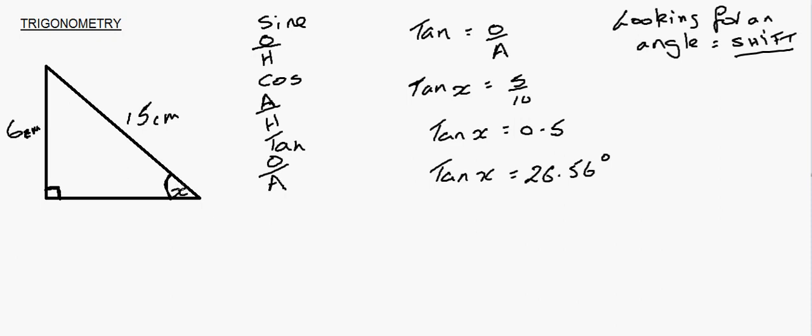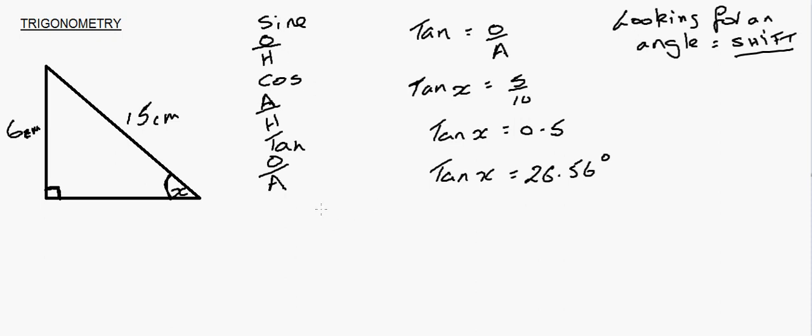Okay, now I'm dealing with this angle and I'm looking for this angle. So my opposite is 6, and this is the hypotenuse. Remember, it's the longest side. So I'm dealing with opposite and hypotenuse. So I go down here to see which deals with opposite and hypotenuse, and we can see opposite and hypotenuse is sine.